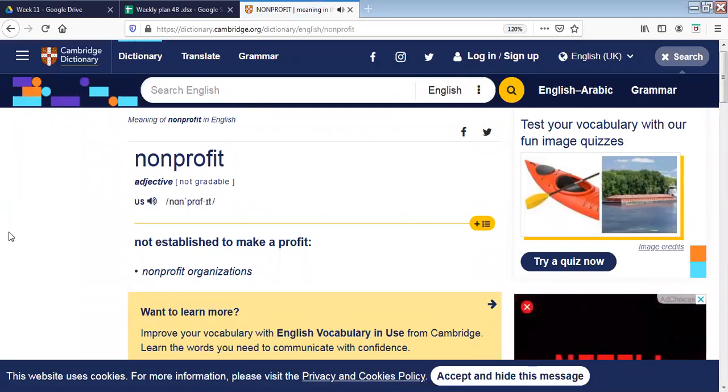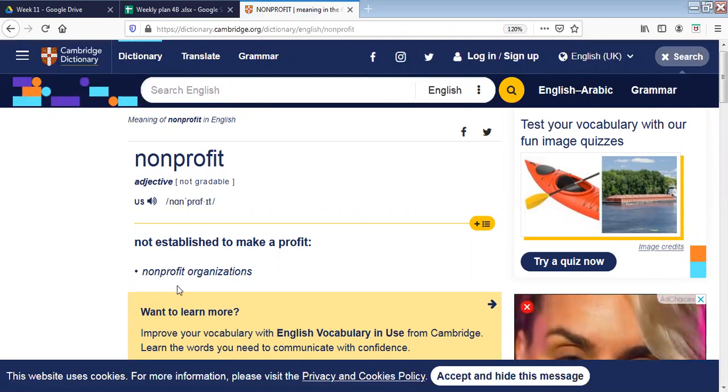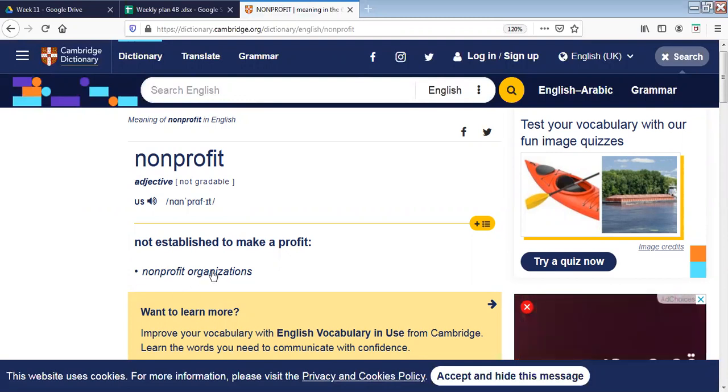Non-profit. When I say that this is a non-profit organization, it means not established to make a profit. Non-profit means something that you, for example, take from an organization, or you make a transaction with a bank, and it's a non-profit transaction.